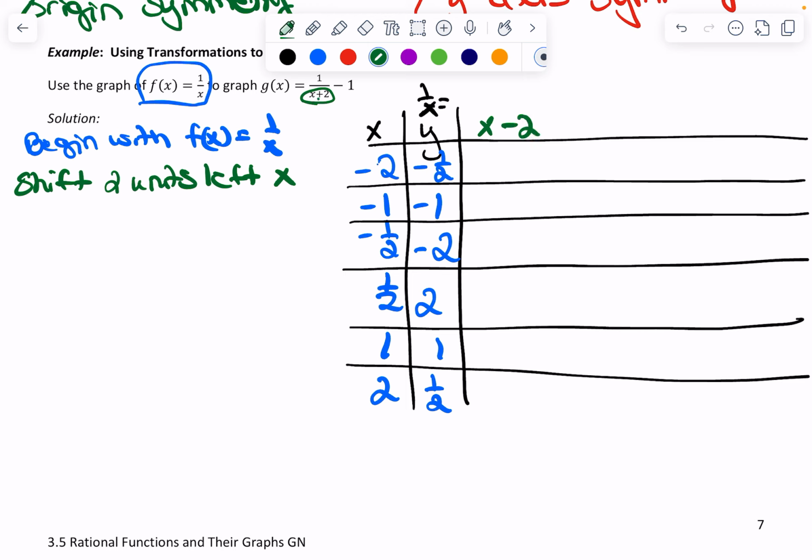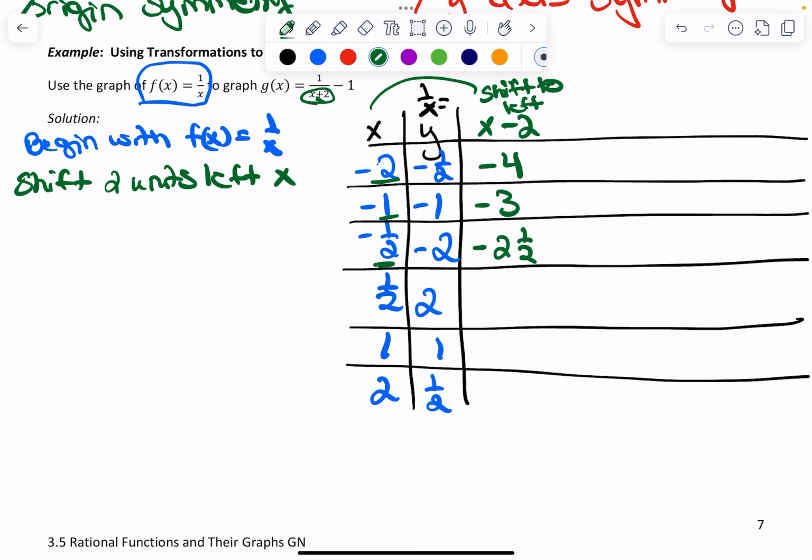Remember, even though this is a plus, we are shifting it to the left, and it's the x that we're shifting. So negative 2 minus 2 is going to be negative 4. Negative 1 minus 2 is negative 3. Negative half minus 2 is going to be negative 2.5. Half minus 2 is going to be negative 1.5. 1 minus 2 is negative 1, and 2 minus 2 is going to be 0.